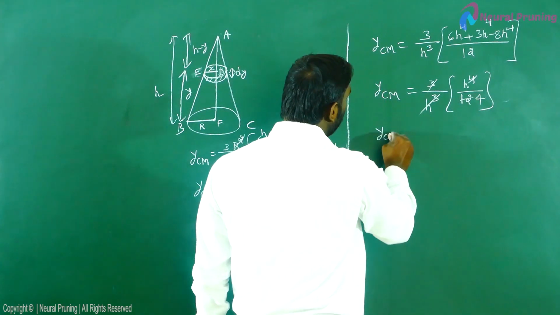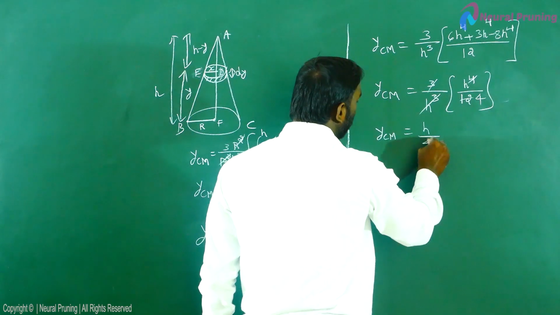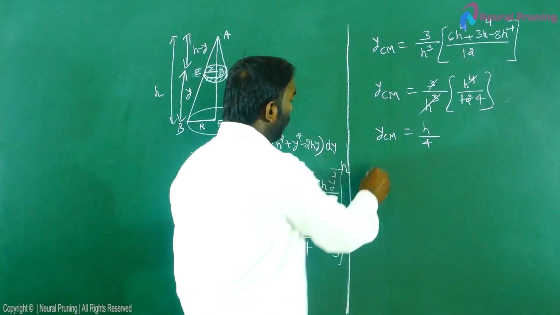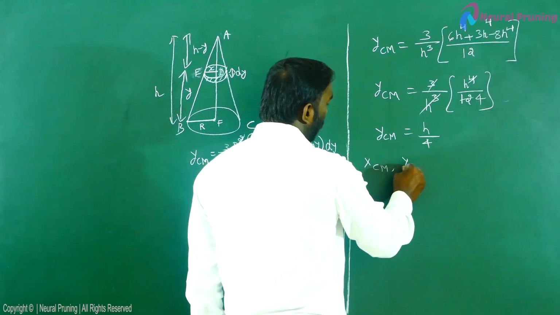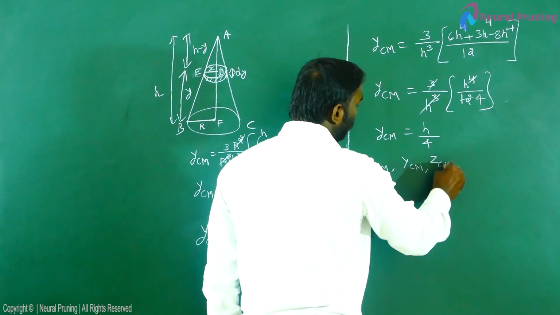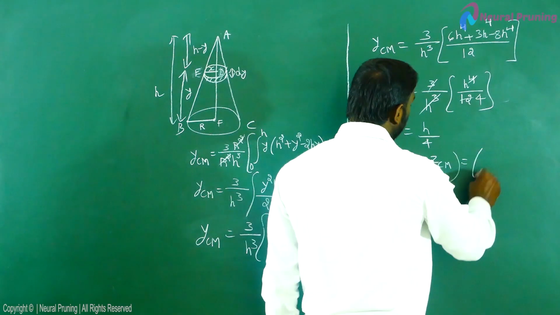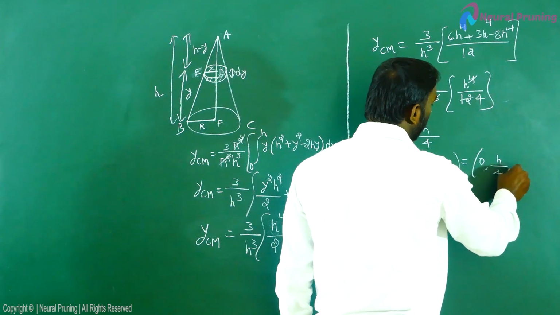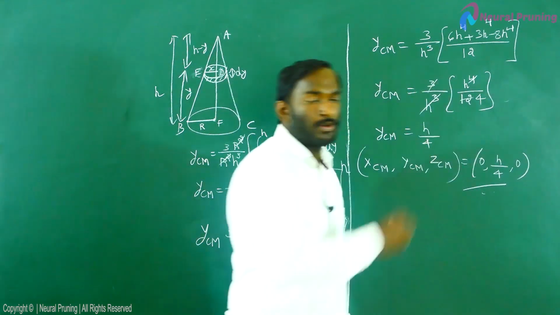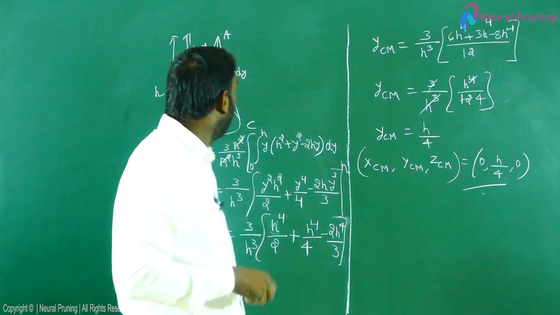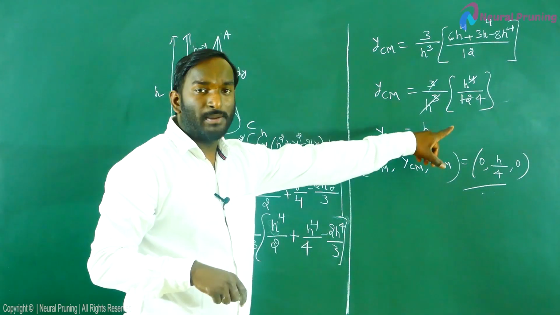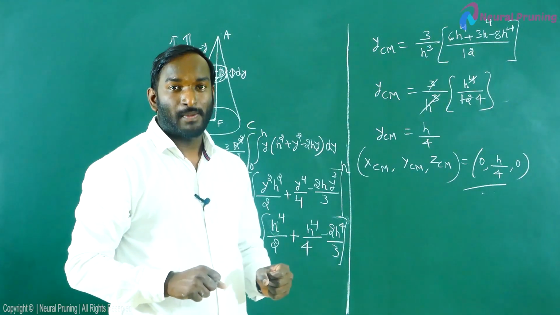So what is YCM? H by 4. So XCM, YCM, ZCM, these are the coordinates of the center of mass 0, H by 4, 0. So position of the center of mass of this cone is 0, H by 4, 0.